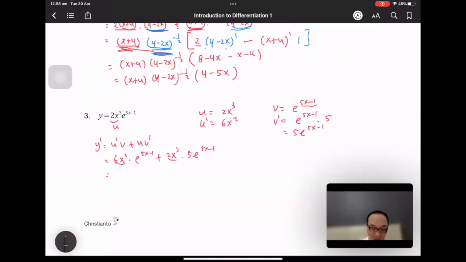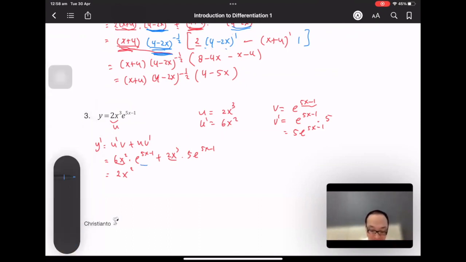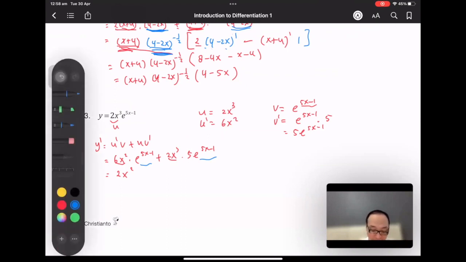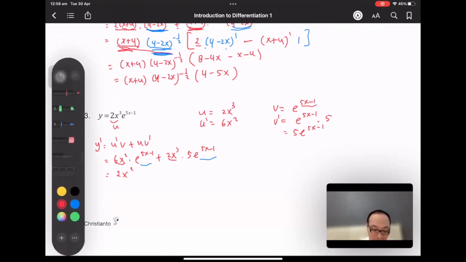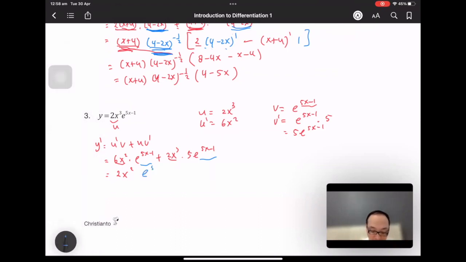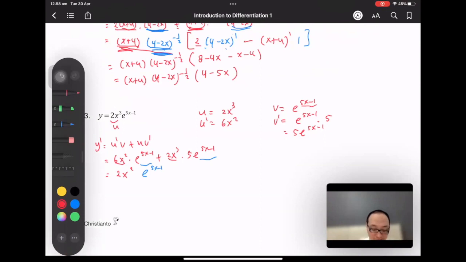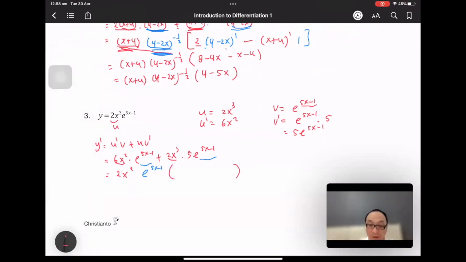Again, we have the common factor, 6x squared and 2x cubed. So the common factor is 2x squared. Yeah, take the smallest power. And then from e, we have the same e. So we take, okay, I use blue, e to the power of 5x minus 1. Okay, now put the remaining.